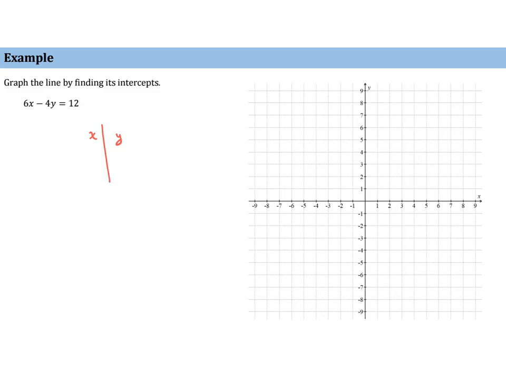So make an xy table, and then we're going to look at the x-intercept, and then we're going to look at the y-intercept. So if we're looking at the x-intercept, that would be y equals 0. So if we look at 6x minus 4y equals 12, if y is 0, let's look at what happens.